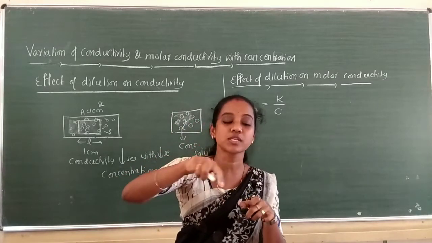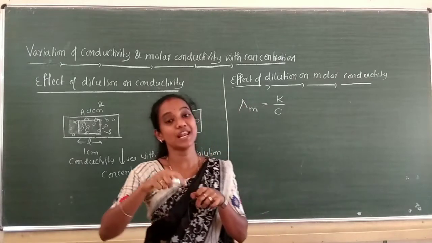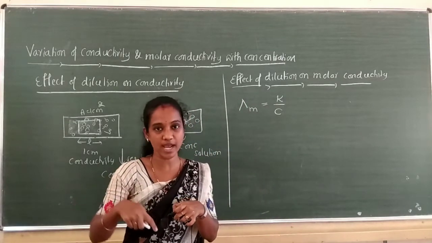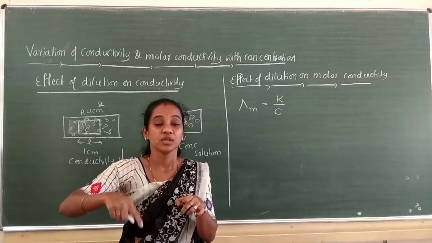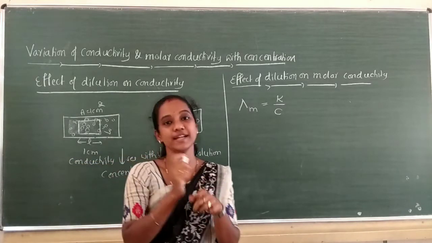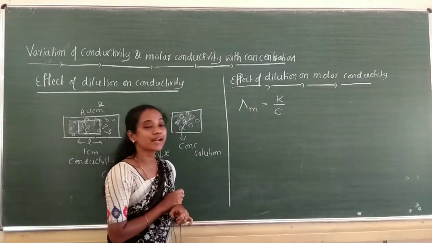It will produce Avogadro number of Na plus ions as well as Avogadro number of chloride ions. Because of all these ions, the solution gets conductance. That conductance is termed as molar conductivity.